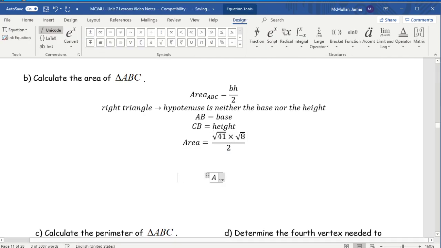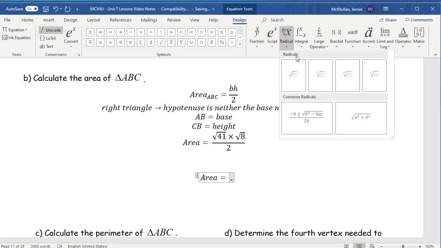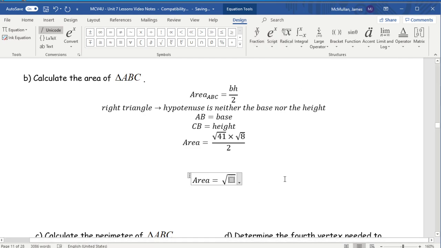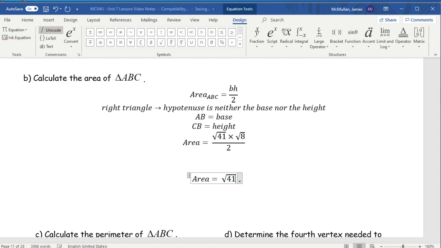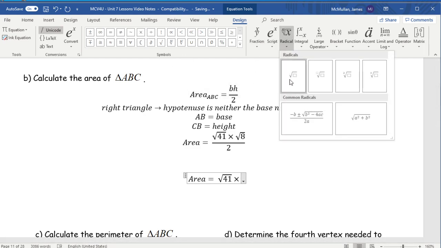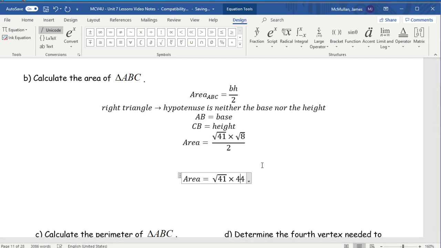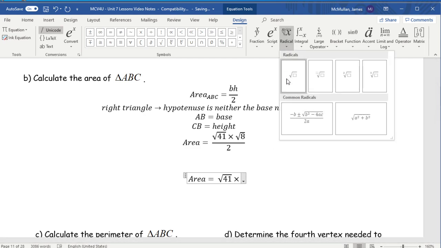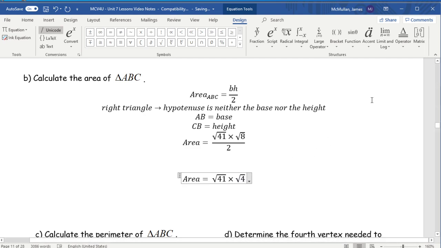Now, to simplify this root a little bit, just to remind you how to do that, you can multiply the 41 times the 8 inside the bracket. Actually, you know what, I want to do this a bit differently. Let's actually break up the 8. So instead of thinking about it as root 8, let's think about it as root 4 times root 2.